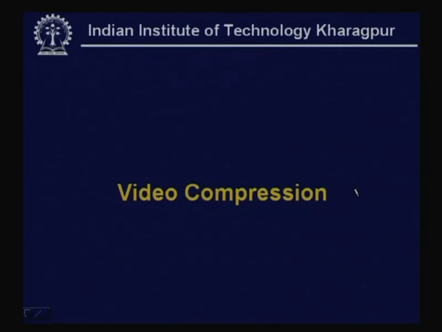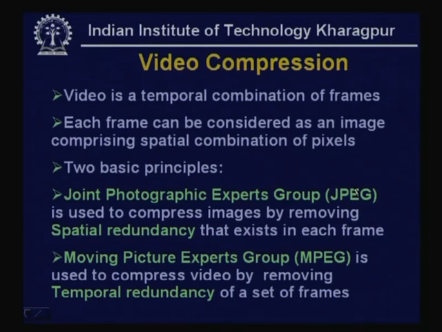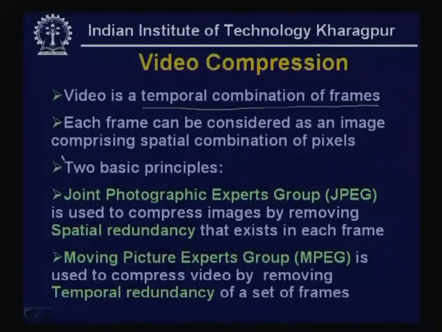Now, let us focus on video compression. Video is essentially a temporal combination of different frames, and each frame can be considered as an image. An image can be considered as a still image, comprising a spatial combination of pixels. Now, two basic principles are used.